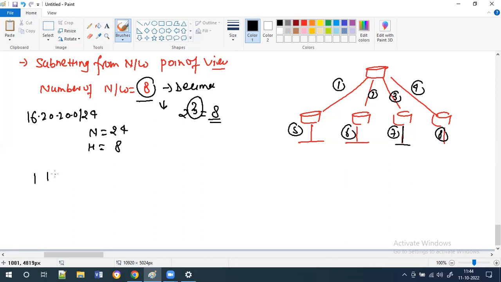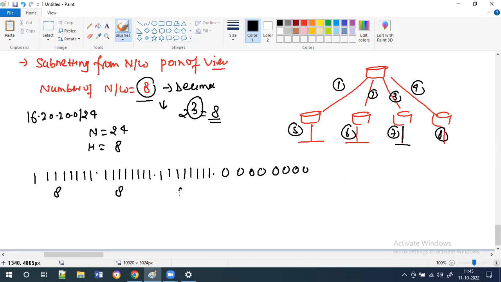So 1, 2, 3, 4, 5, 6, 7, 8, 1, 2, 3, 4, 5, 6, 7, 8, and 0, 0, 0. This is 8, 8, 8 and again 8, so this is a slash 24. All the network bits are 1 and the host bits are 0.